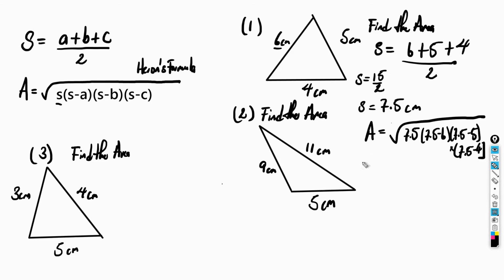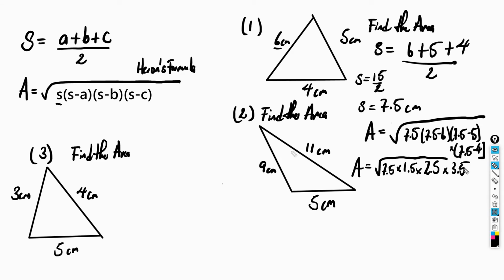So the area should end up being the square root of 7.5 times 1.5 times 2.5 times 3.5.